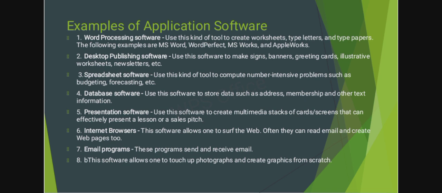Number 6, internet browsers. This software allows one to surf the web. Often, they can read email and create web pages too. Number 7, email programs. These programs send and receive email. This software allows one to touch up photographs and create graphics from scratch.